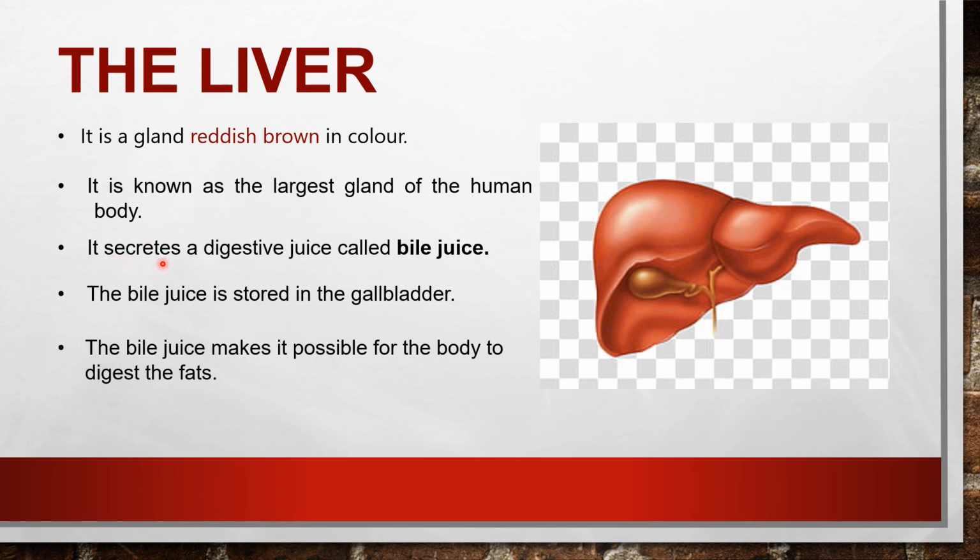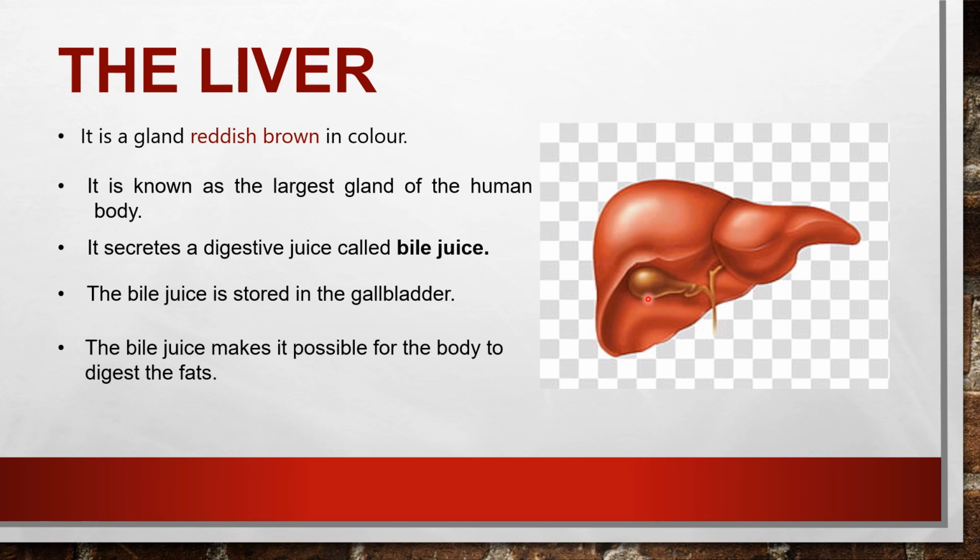It secretes a digestive juice called bile juice. B-I-L-E, bile juice. The bile juice is stored in the gallbladder. You can see here a small bag that is called the gallbladder.